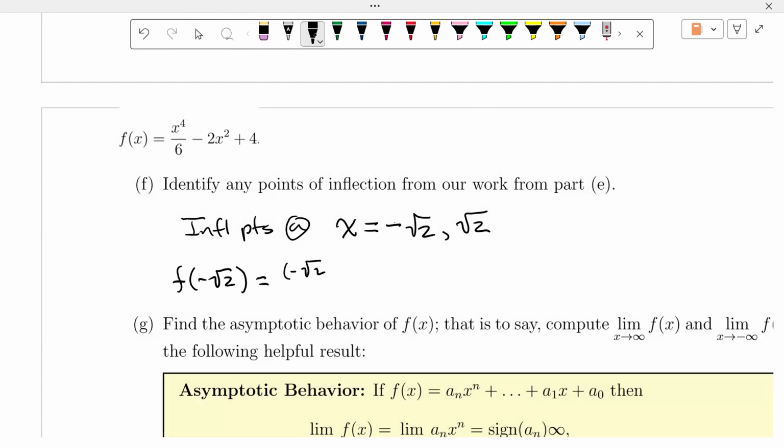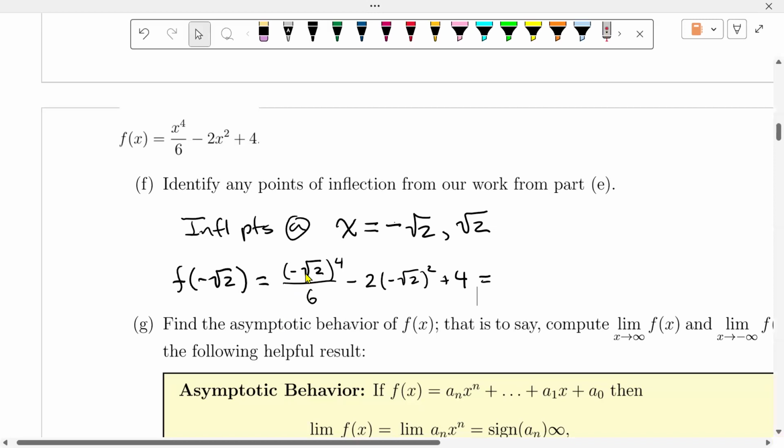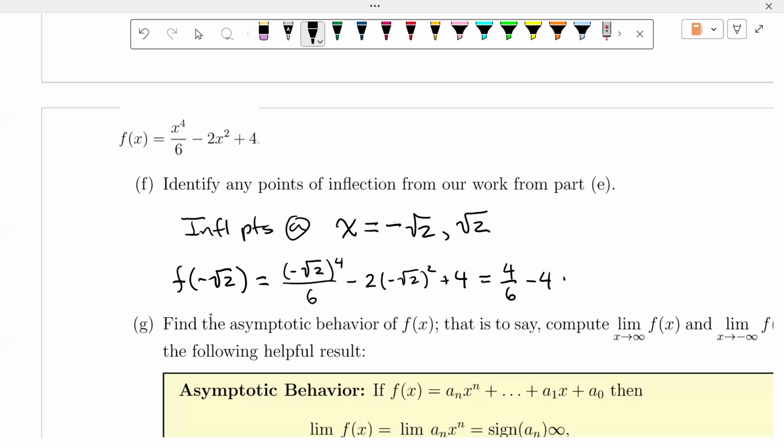All right, I'll get -√2 to the 4th over 6 minus 2 times -√2 squared plus 4. And if I look at the 4th power of this, this will give me in the end, just a 4 over 6, if I can do my arithmetic correctly. And this will give me a -4 and a +4.